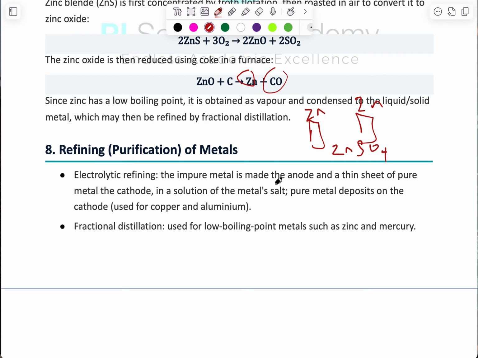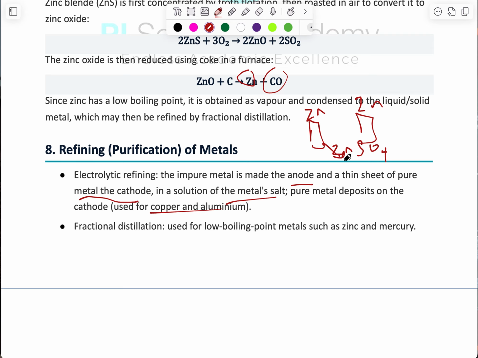So the impure metal is made the anode and a thin sheet of pure metal the cathode. So they are going to be the same metal for anode and cathode. Then in a solution of the metal salt, I've explained this already, pure metal deposits on the cathode. Used for copper and aluminum. So how does this pure metal deposit on the cathode? First of all, the anode dissolves into solution.